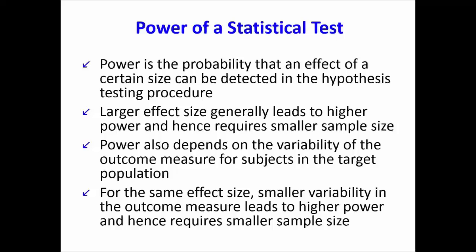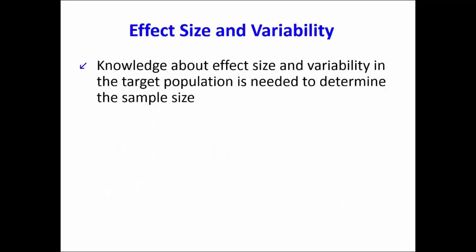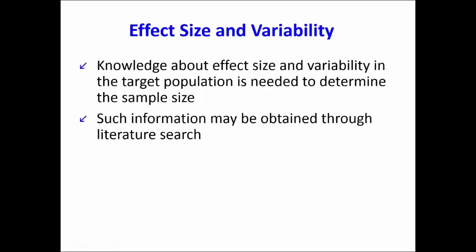So for the sample size calculation, what we will need from you is the expected effect size, and also some variability measures of that. You can sometimes obtain that information from the literature, from papers published on similar matters.